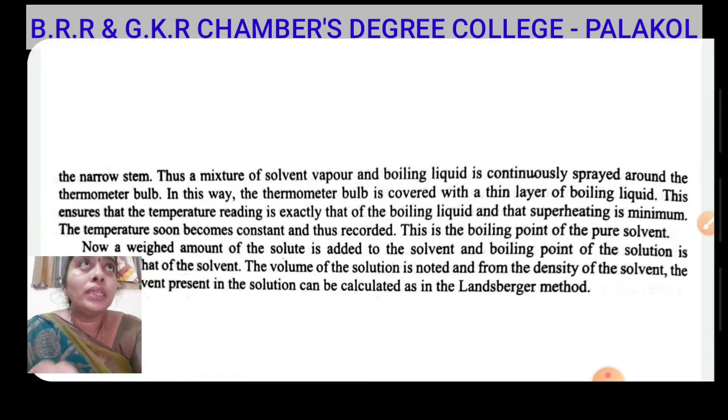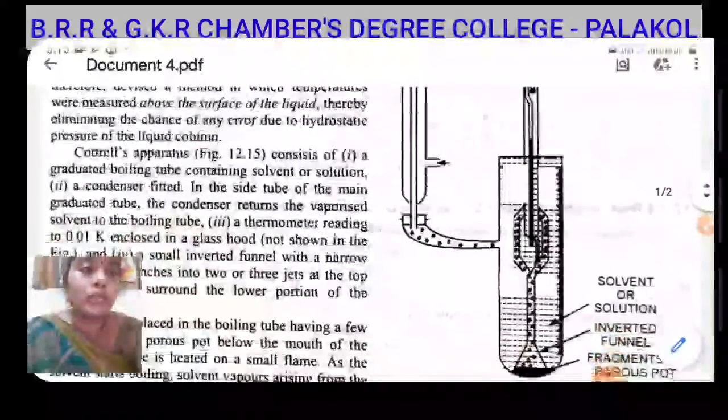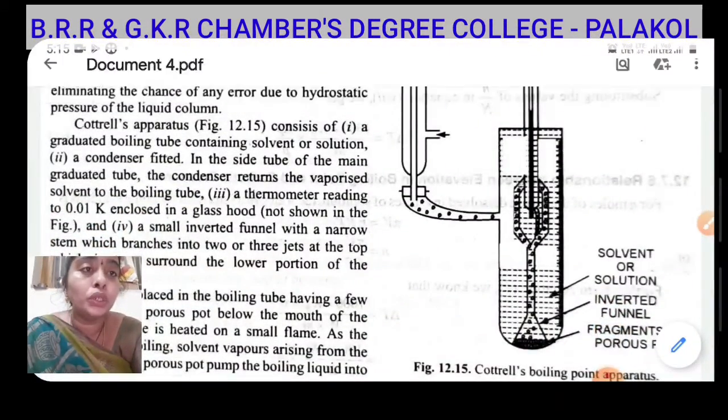So students, the point at which liquid is converted to vapor is called the boiling point of the pure solvent. In the condenser, the boiling vapors are cooled and converted back to pure solvent, which goes into the graduated boiling tube.